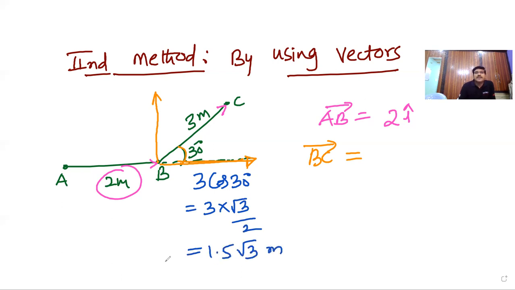Similarly, the vertical component is how much? The other one, this one is cos, the vertical becomes sine. So 3 into sine 30.